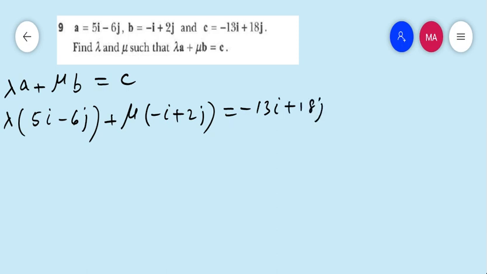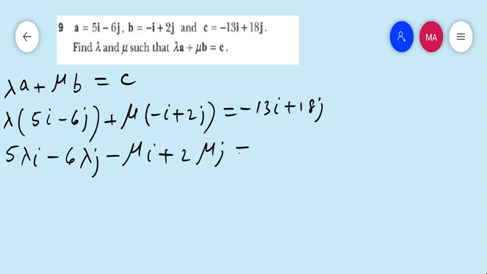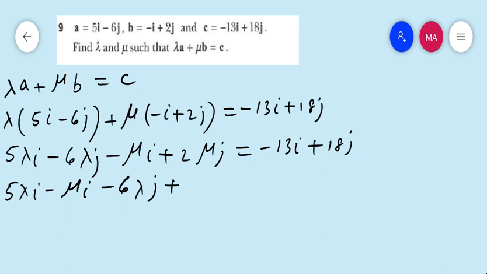So lambda into 5 is 5 lambda i, minus 6 lambda j, minus mu i plus 2 mu j, is equal to minus 13i plus 18j. So 5 lambda i minus mu i, minus 6 lambda j plus 2 mu j, is equal to minus 13i plus 18j.